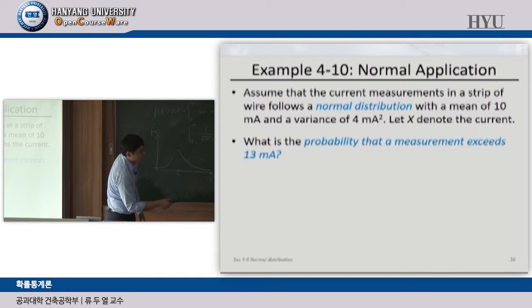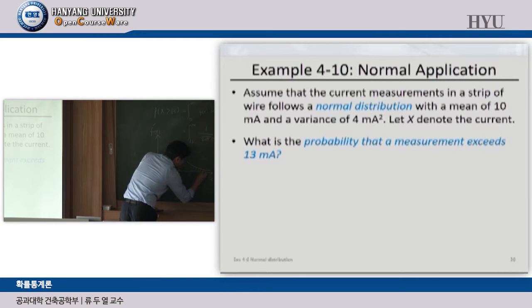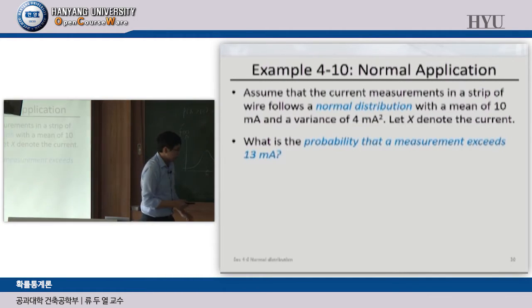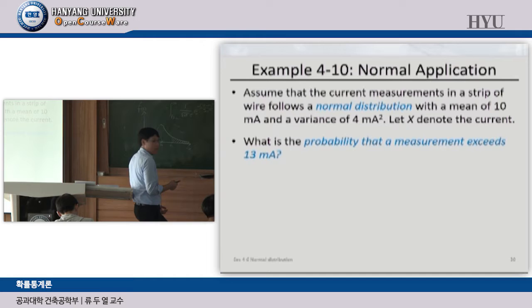And we have to calculate the probability that a measurement exceeds 13 milliamperes. So this is the 13 milliamperes, and in this case, we have to calculate this shaded area. So for this question, we can just simply express this figure and this equation.